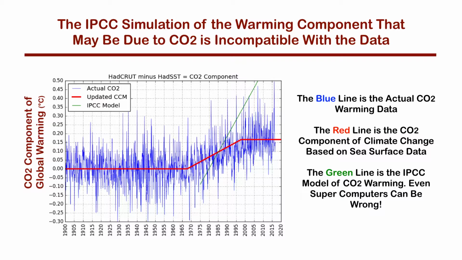So the blue line is the actual CO2 warming data from the Hadley Climate Research Unit. The red line is the simple CO2 component of climate change that we have just derived based on sea surface temperature data. And the green line is the IPCC model of CO2 warming. This shows that even supercomputers can produce incorrect results if that's what they are programmed to produce. The green line is completely incompatible with the measured data.